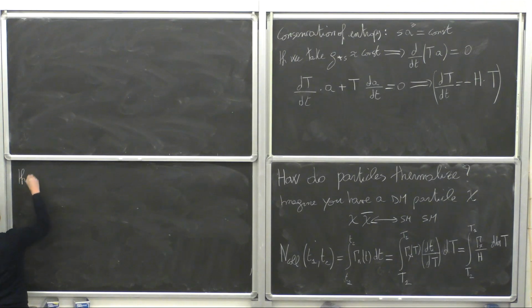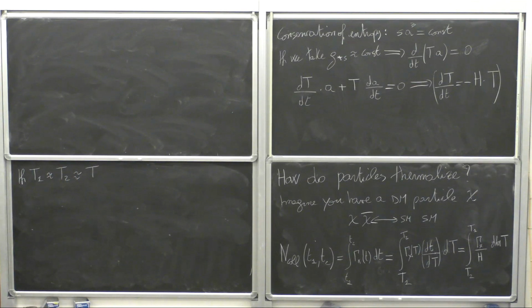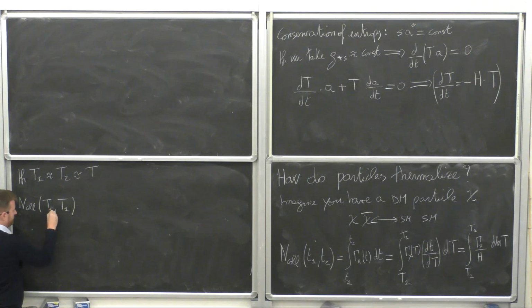So if T1 is not too different from T2, and I call this T, my reference temperature, then I can go back to that integral and say that the number of collisions between, let's say, T2 and T1, T1 is larger than T2. Okay, 1 is the first moment and 2 is the second moment. Time 1 is the beginning, time 2 is the end, so the temperature goes down, time grows.